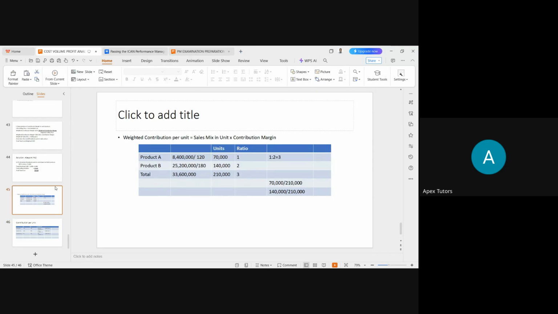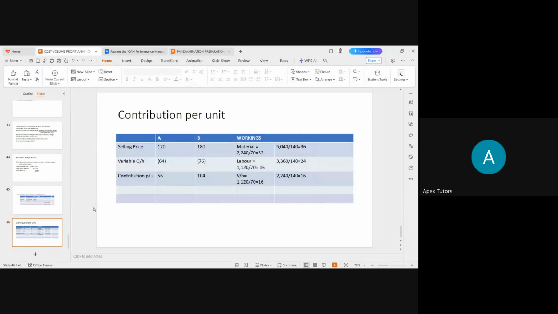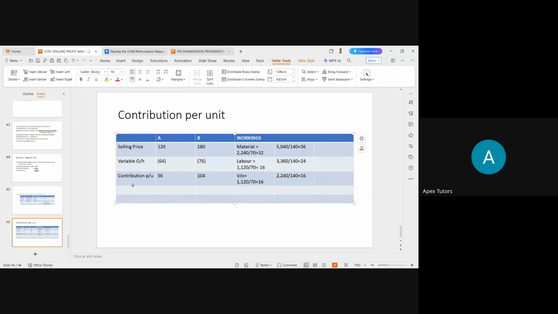The sales mix is this ratio. For you to get the weighted contribution per unit, for product A, what is the sales mix?